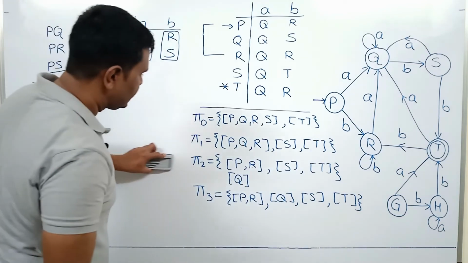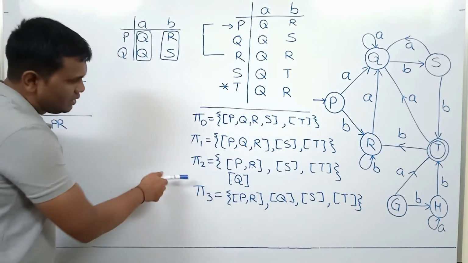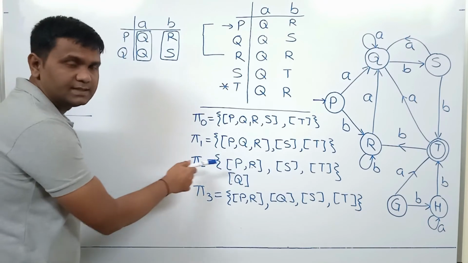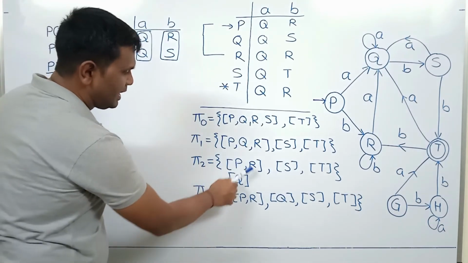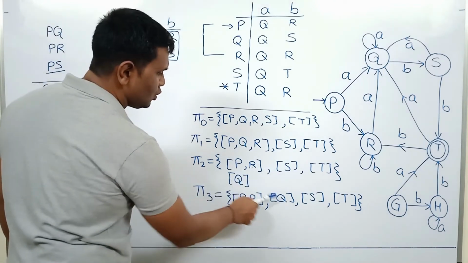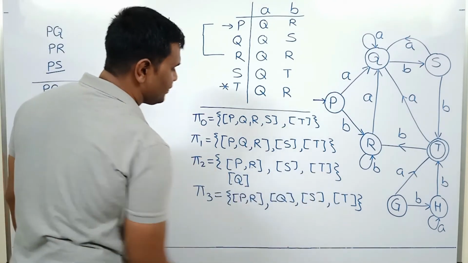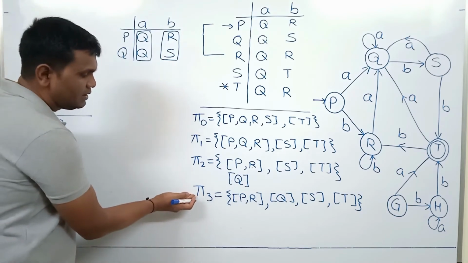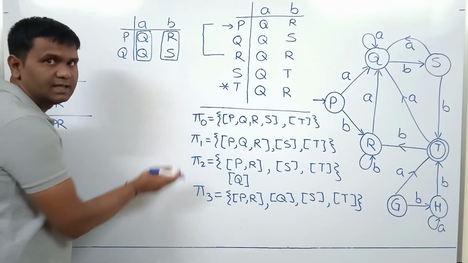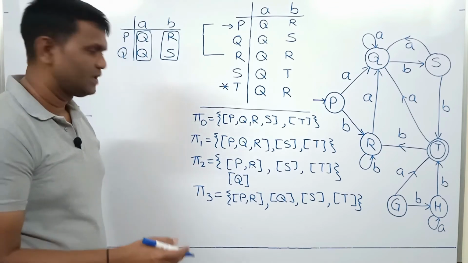Now if you observe the two equivalent set and the three equivalent set, they are exactly the same: PR, Q, S and T. Now if we reach this state where the current equivalent set and the previous equivalent set are exactly the same, we should stop.